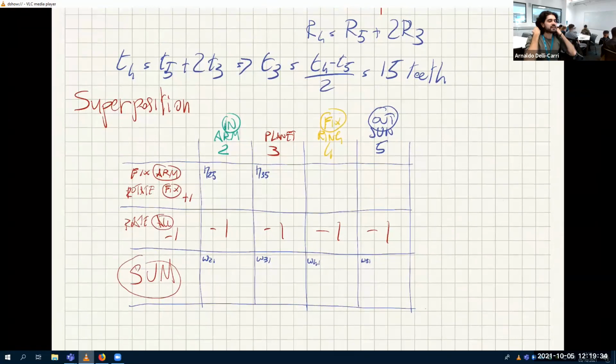Now, the ring is fixed. So I rotate the ring 1 revolution while keeping the arm fixed. So the arm is fixed, 0. And I rotate what was fixed by 1. And now, what do I put here?